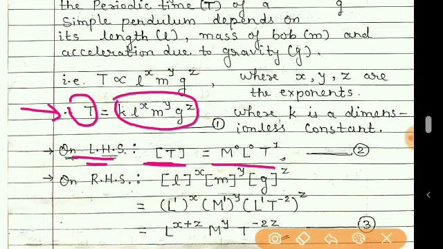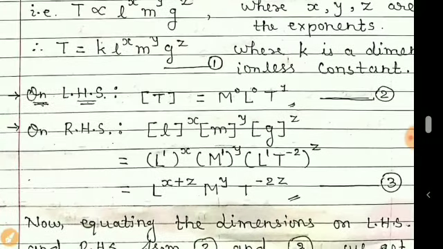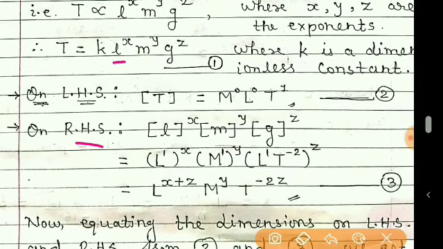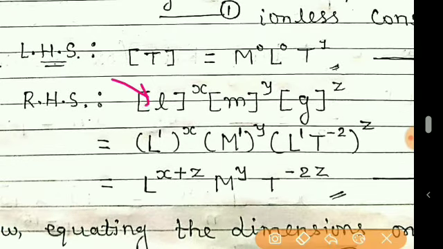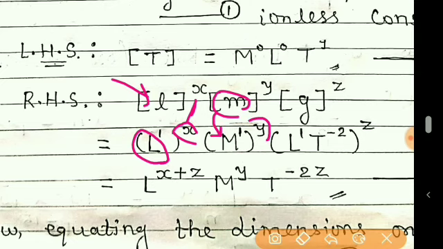You know how we can obtain it. Then on the right hand side, the dimension of L has power x, the dimension of M has power y, the dimension of g has power z. But what is L? It is a length, so the symbol is L, and the power is x. Mass, symbolically we write M for the dimension, and the power is y.